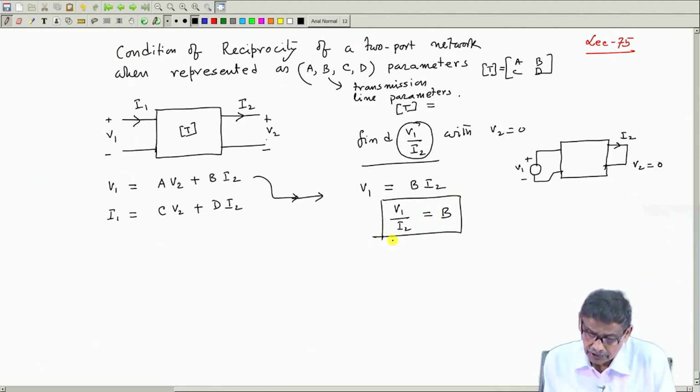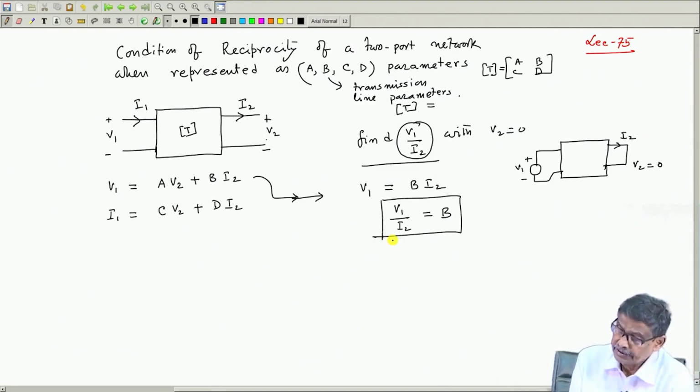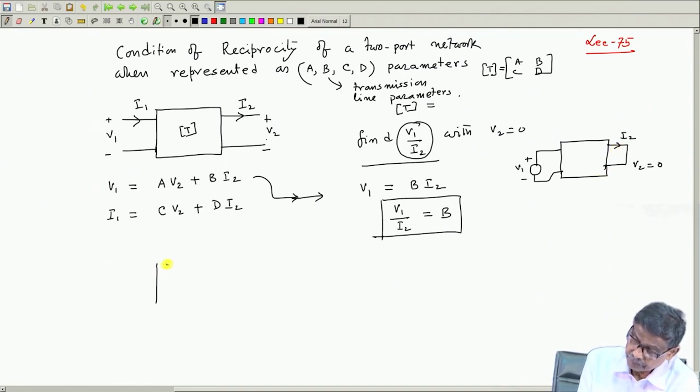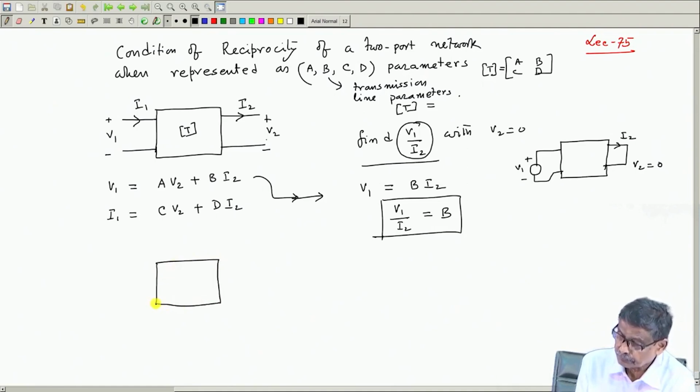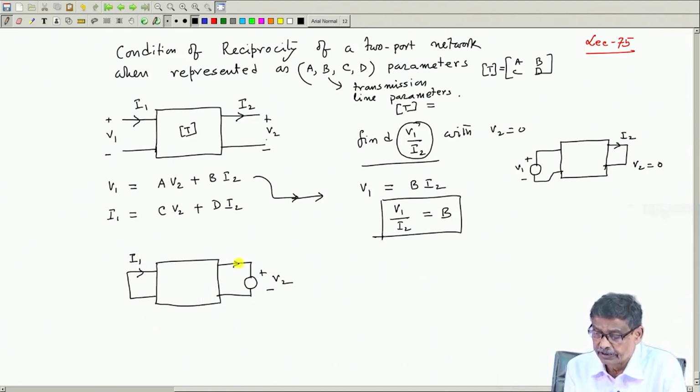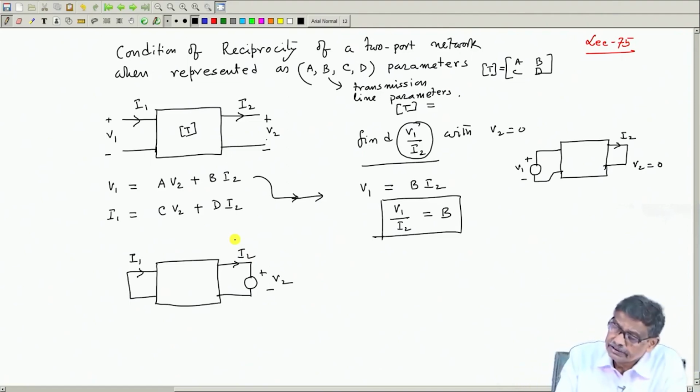Then I will excite this output port with a voltage V2 and keep this side shorted, so V1 is equal to 0. The correct direction of current I1 is specified in this way, and I should not play with this.